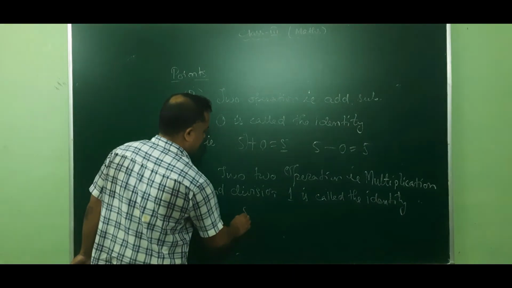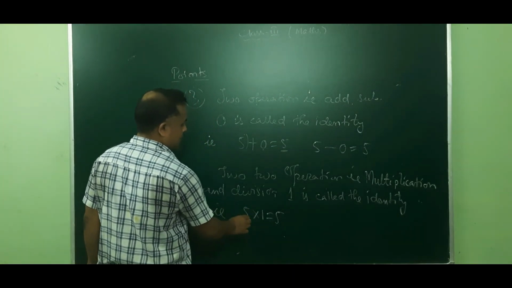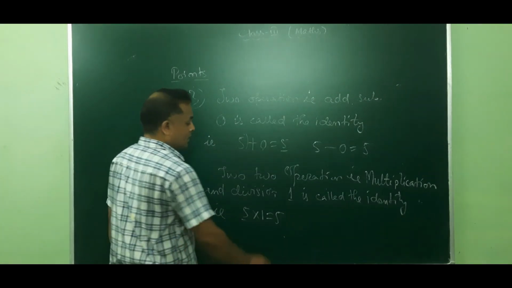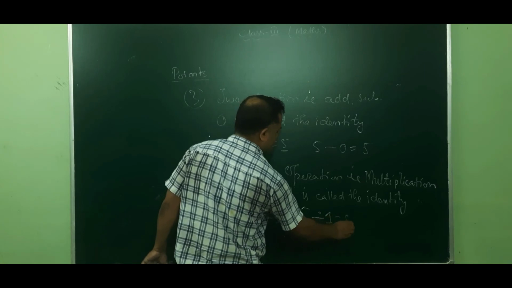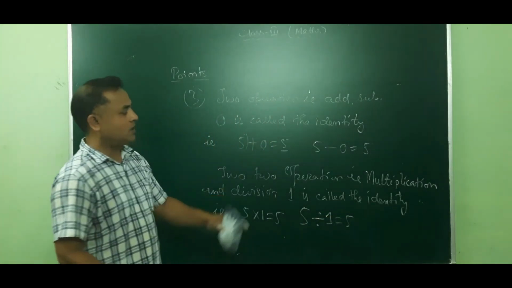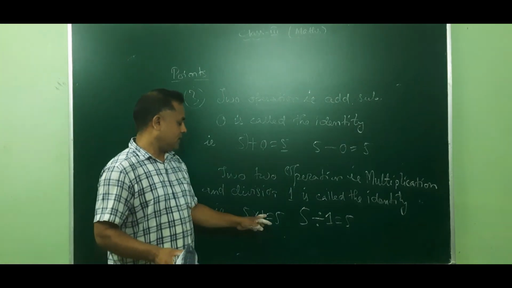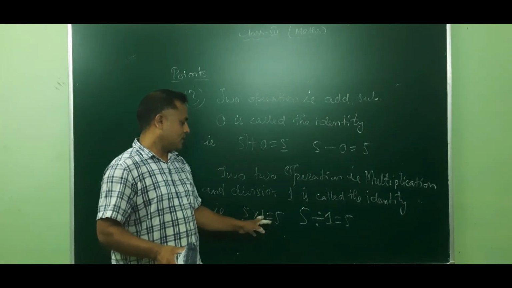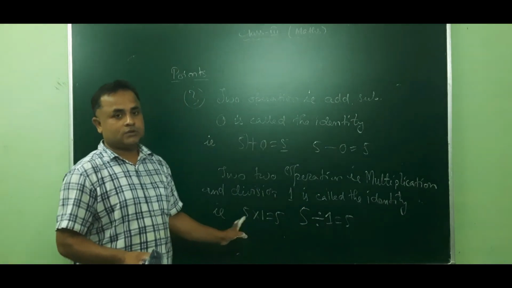That is, 5 times 1 is 5. The number does not change. 5 divided by 1, we get the same number. So 1 is called the identity of multiplication and division. In place of 1, if we put 0, the number changes. It becomes 0. Here the 0 is very dangerous.